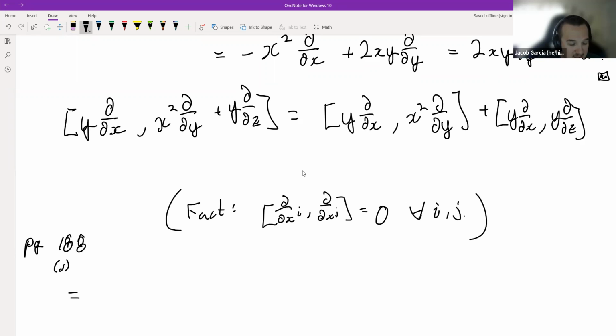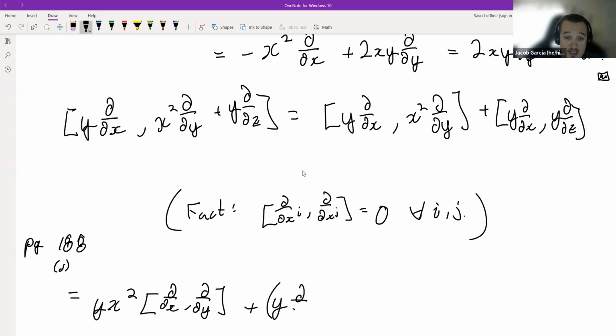If you use the third property here, it tells you that this first Lie bracket is going to be equal to y times x squared of the Lie bracket between d dx and d dy, plus, which one am I saying f is? y, then capital X is the d dx of x squared, applied to d dy, minus.